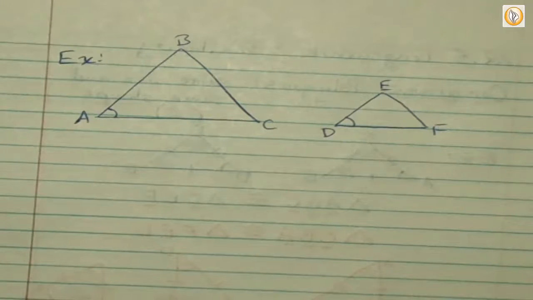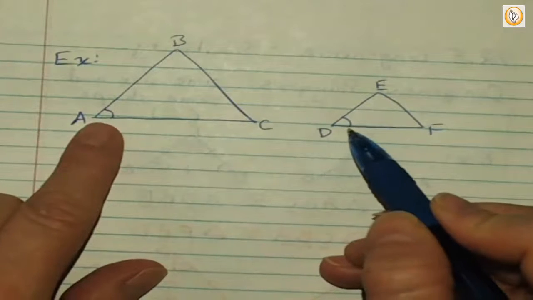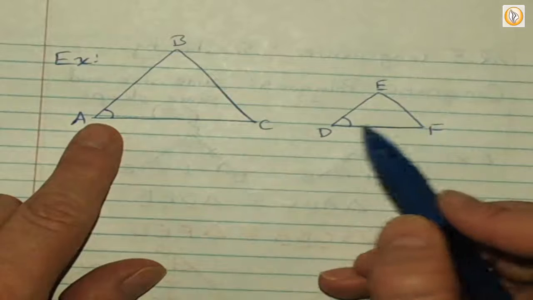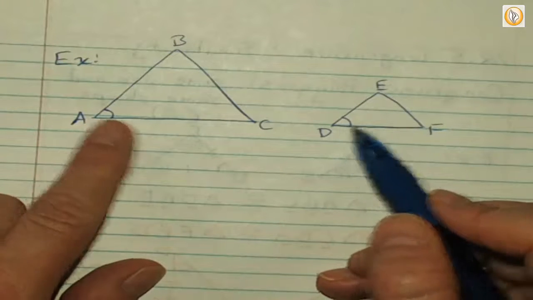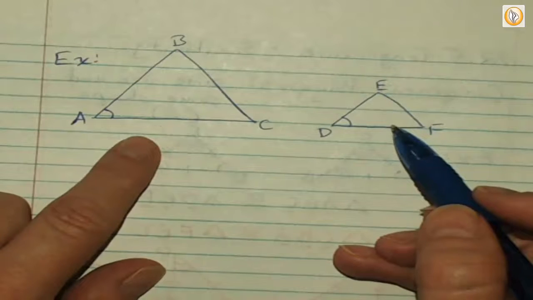If you were to take a protractor and measure, probably not my drawings, but like ones in a book or professionally done, and measure both angles, you will find the exact same measurement. So it doesn't matter how big or small, the angles are going to be the same if they're done similar. Okay?